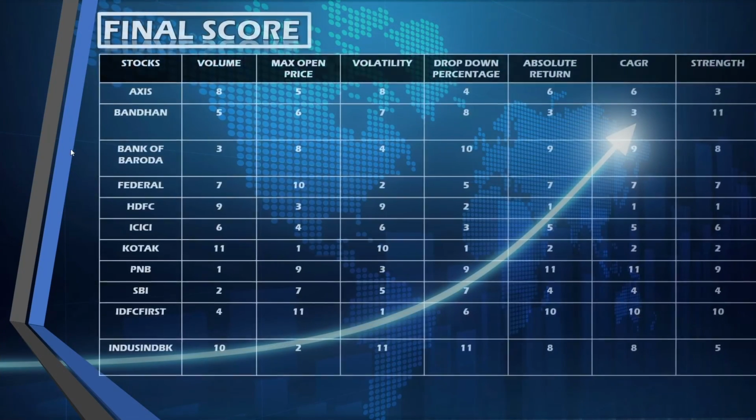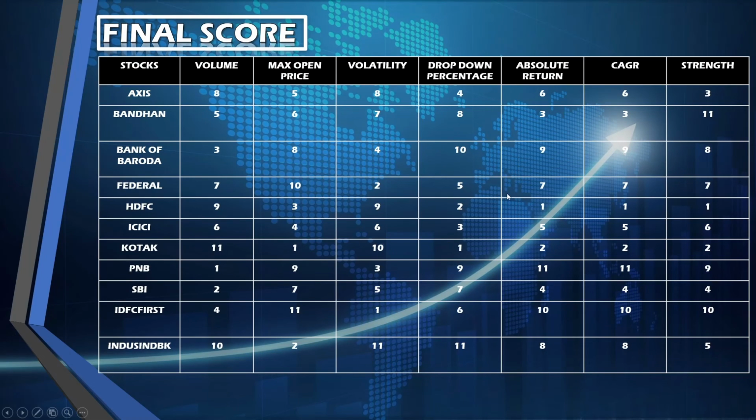And at last, we can give the final score. That score I get from that SQL query using dense rank in every chart. According to the volume, the top stocks are PNB Bank, SBI Bank, and then Bank of Baroda. According to the max open price, it's Kotak Bank, then IndusInd Bank and HDFC Bank.